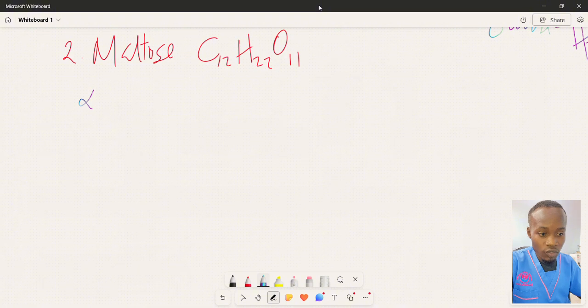So number two, we are supposed to talk about maltose, and we said maltose is also made up of two simple sugars, which is glucose plus glucose, and the glucose that are responsible for these are alpha glucose.